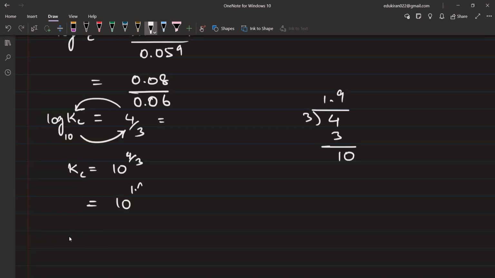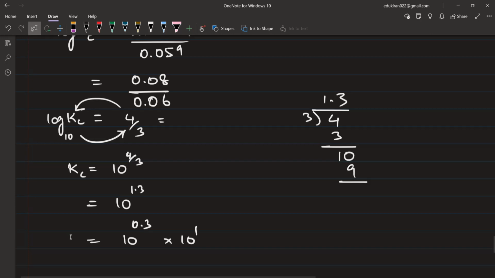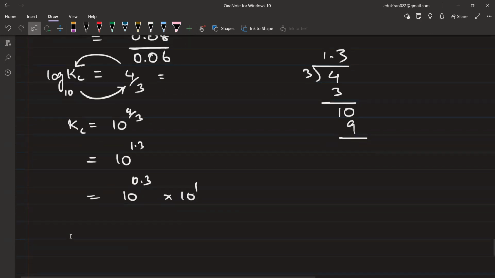So 10⁻1.999। दिस विल बी द आंसर ना, 4/3 का। हमने यहाँ पे गलती की है। 1.3333 होगा, ठीक है, 1.3333 होगा। ओके, अब इसमें हम लोग ऐसे कर सकते हैं, 10⁻0.3 इंटू 10⁻1, सही है? अब ठीक है, 10⁻0.3 इज इक्वल टू 2। कैसे पता हमको?